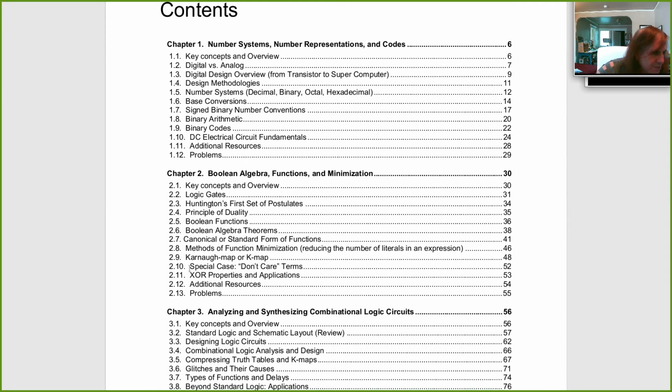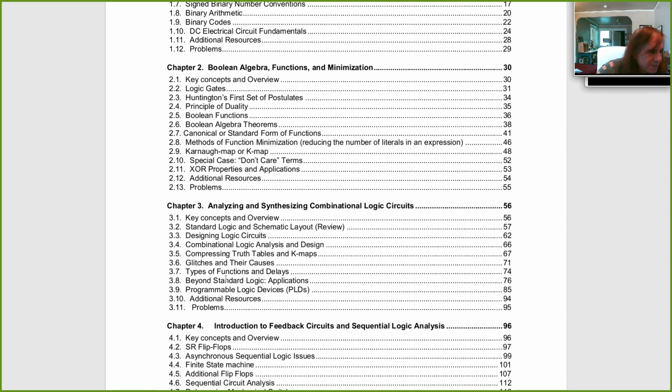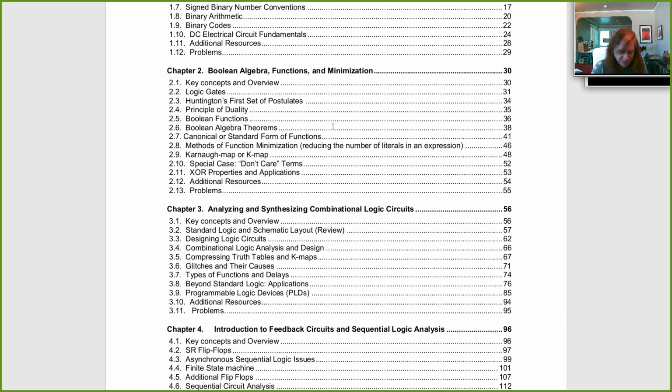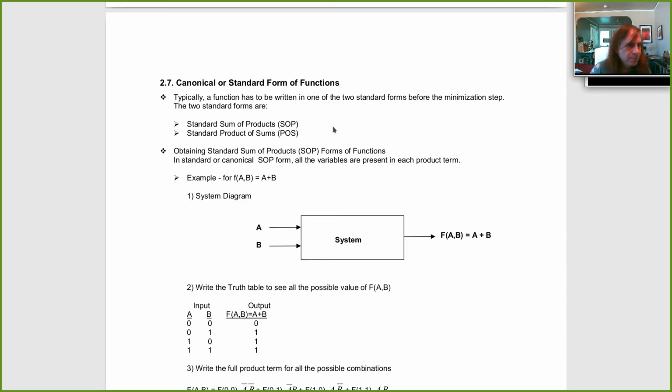So this is all chapter 2. Chapter 2 talks about K-maps and canonical or standard forms of functions. That will talk about both product of sums and sum of products. Thank you. Yep.